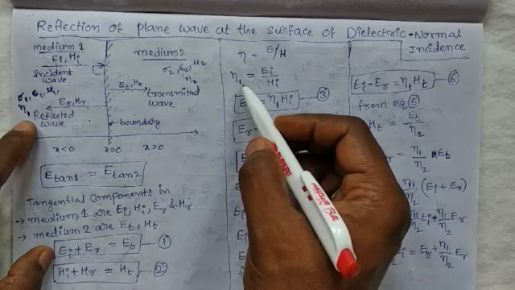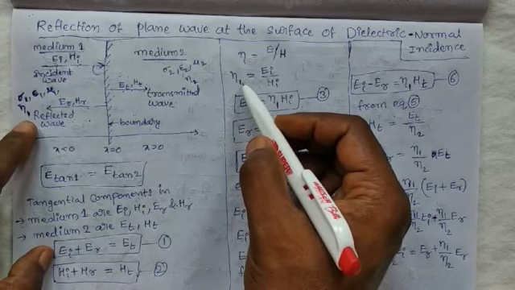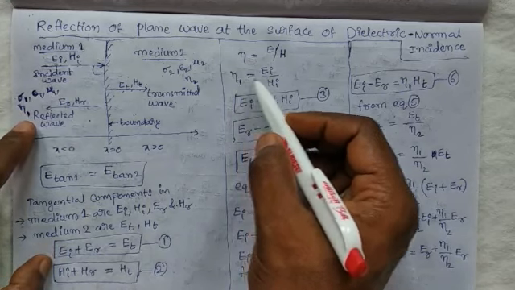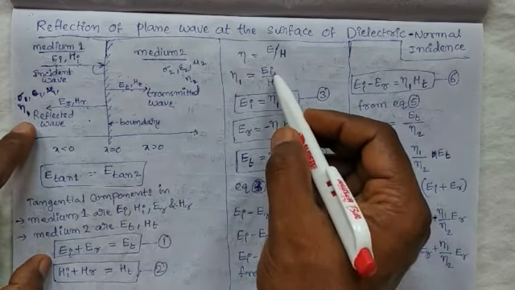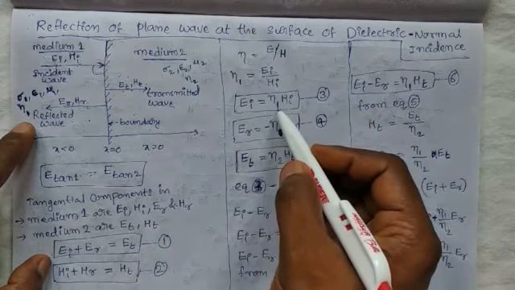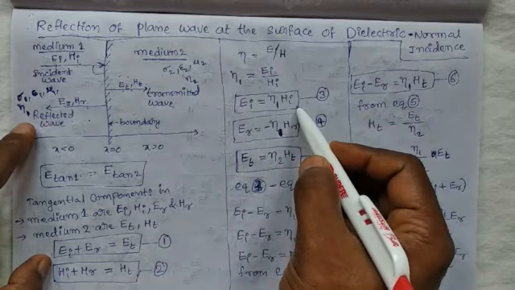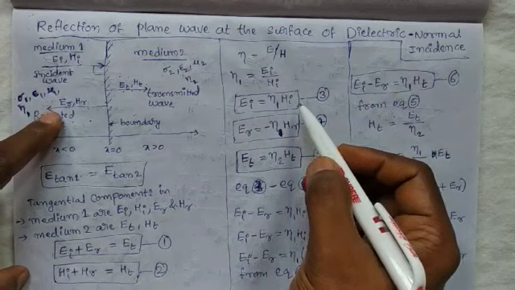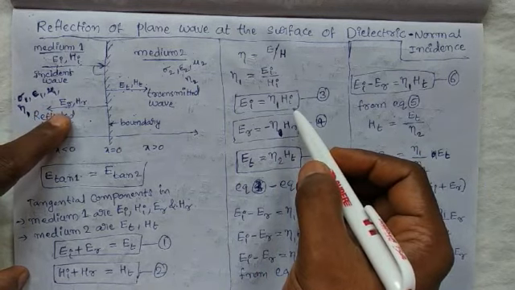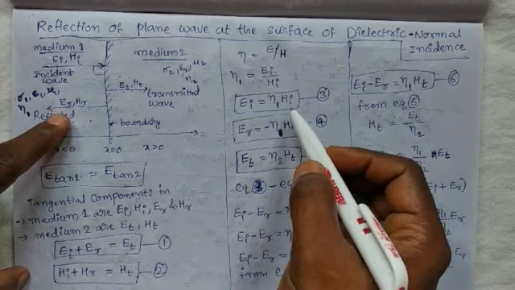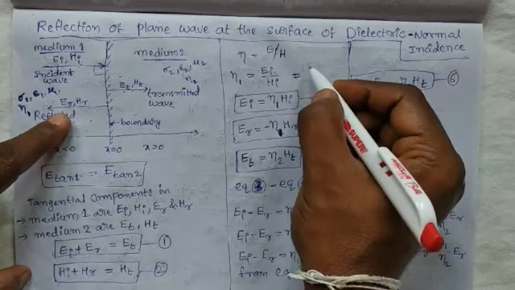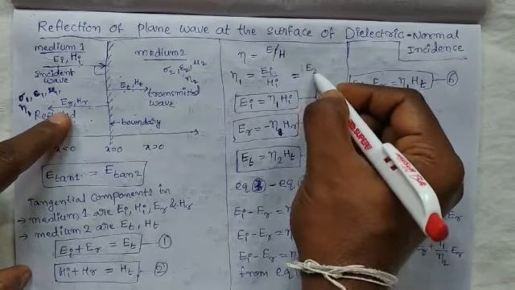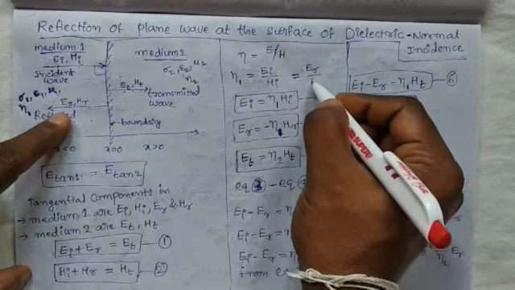Eta 1 is equal to EI by HI, so EI is equal to eta 1 into HI. Similarly, eta 1 can also be calculated in terms of the reflected wave. How do we calculate it? It is ER by HR.